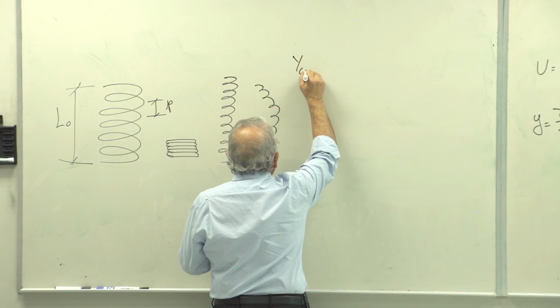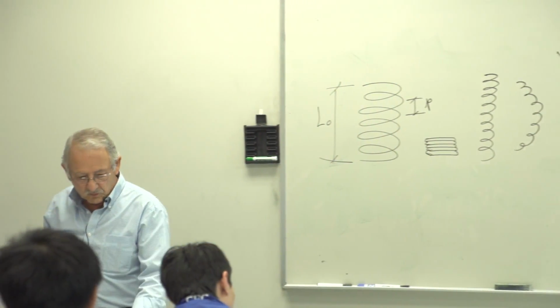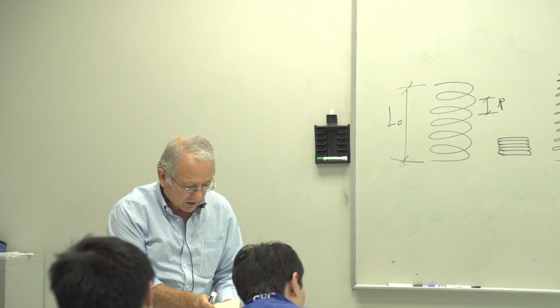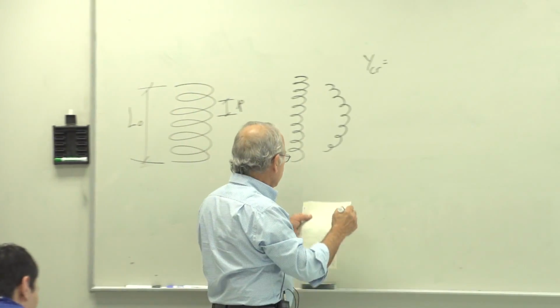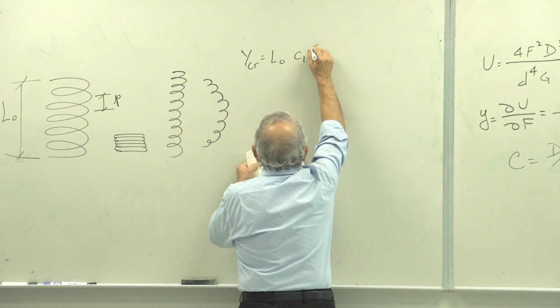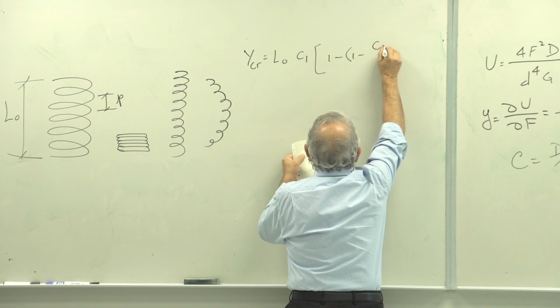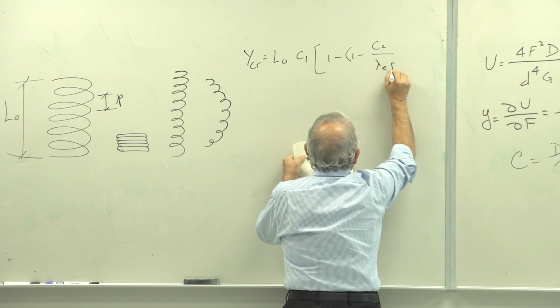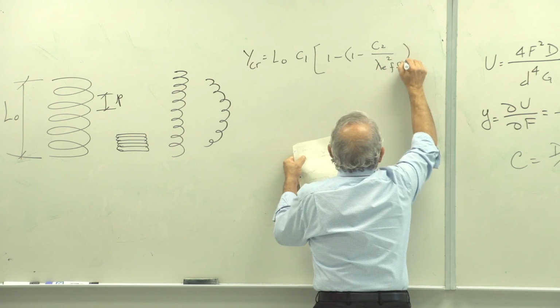That equation, found from considerations of theory of elasticity, looks like this. Critical deflection equals L0 C1 times [1 minus (C2 divided by lambda effective squared)] to the 1/2.